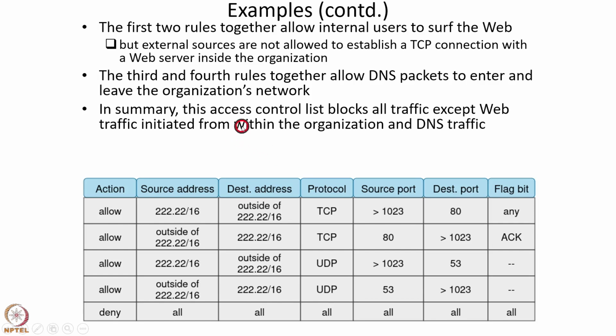In summary, this access control list blocks all traffic except web traffic initiated from within the organization and DNS traffic. So this is an example of how an access control list can be used to enforce certain policies in a traditional packet filter.